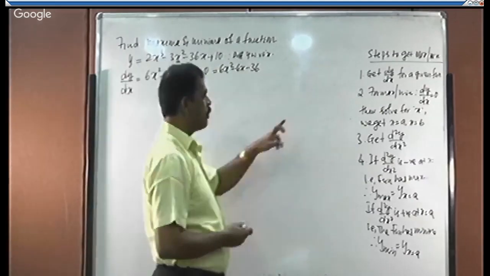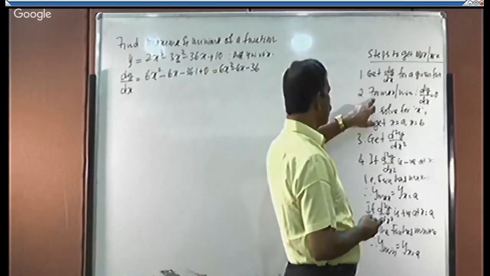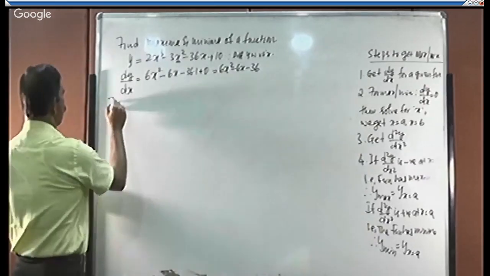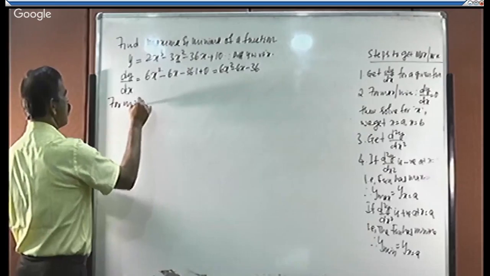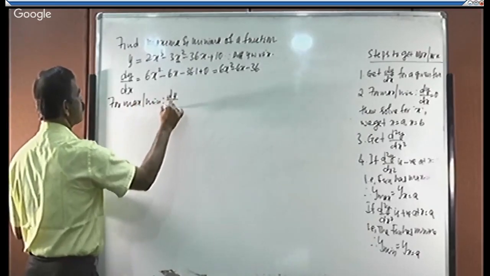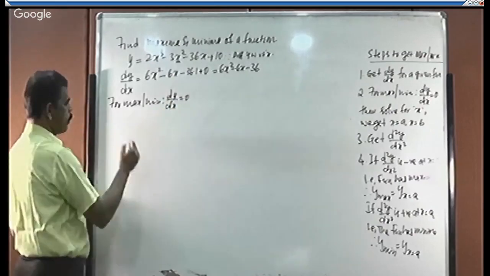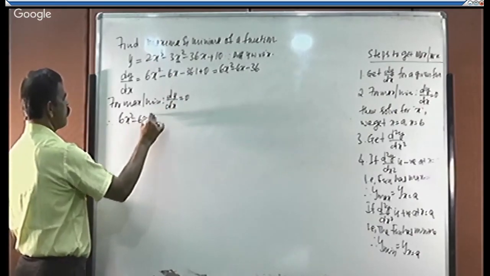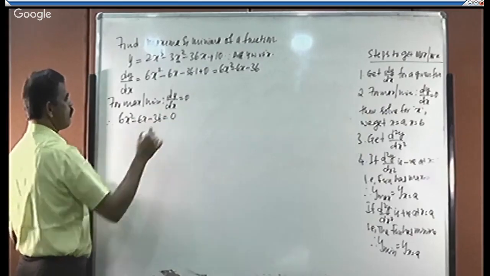First step is over. What is the second step? Either you calculate maxima or minima, for that take dy by dx equal to 0. Therefore, 6x square minus 6x minus 36 is equal to 0.